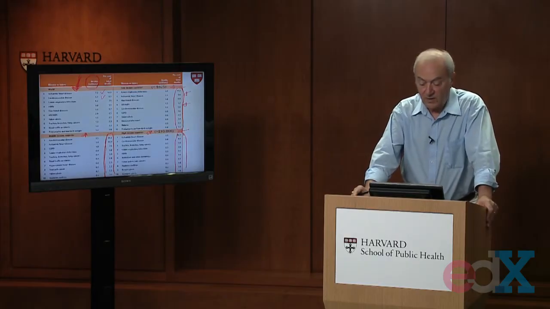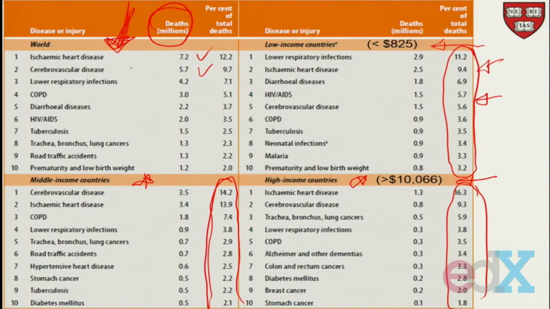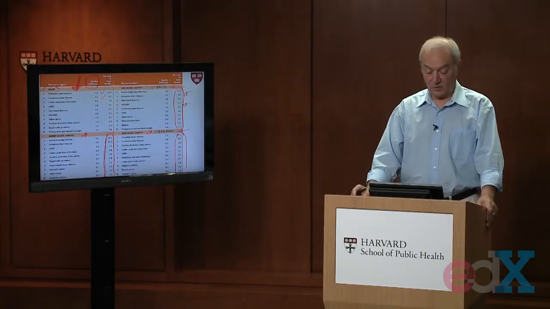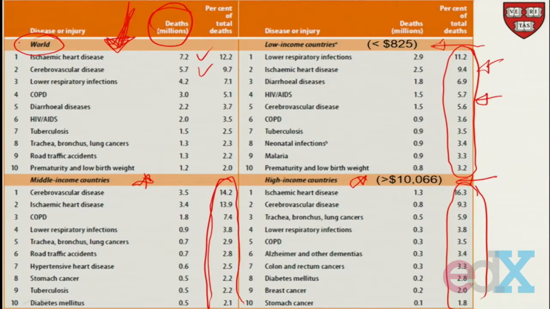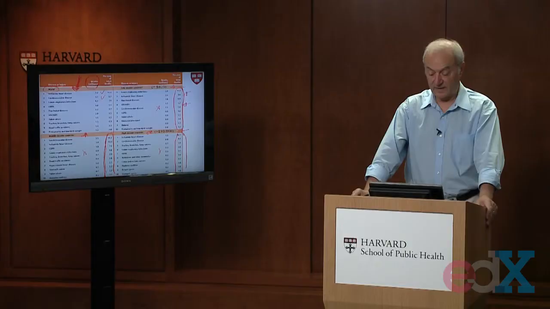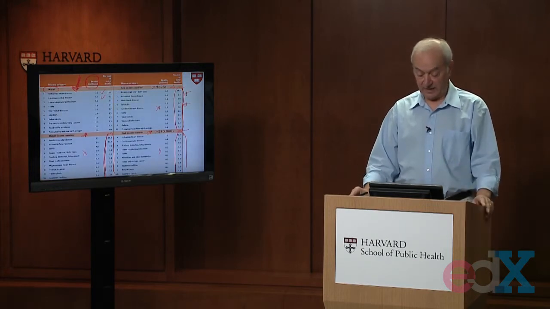Now we can look at these numbers, and this one here, the top left-hand corner, the world, is actually an average of the other three, and we'll talk about averages soon. And what the average tells us is, in some sense, should be the arithmetic average of these three panels. But it's not that, and it's a little bit more subtle than that, and it's actually a weighted average, but we'll get to that later.